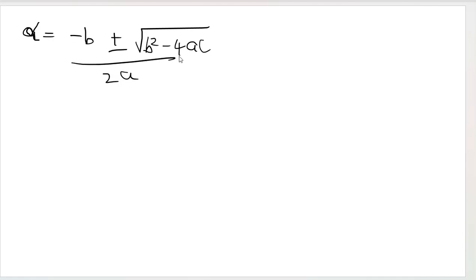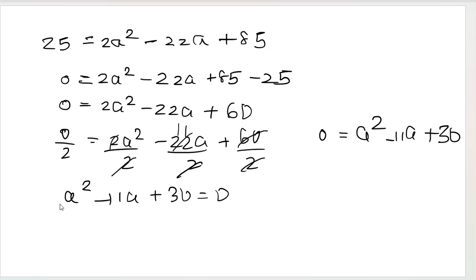So in this case we find this alpha. Now, what is our a? A is the number in front of a square, which is 1. B is the number in front of the a term, which is minus 11, and C will be 30.